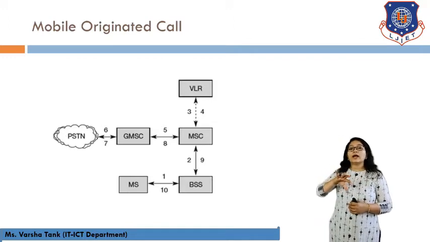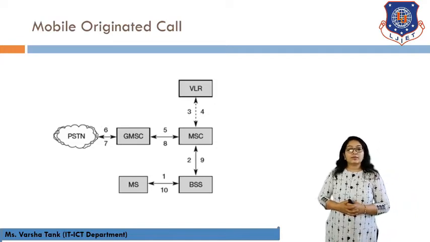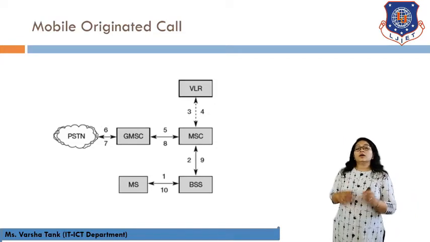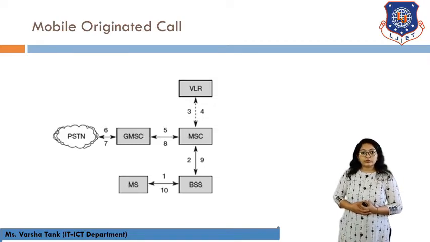The MSC checks where this device is, and according to that it transfers control to the GMSC, the gateway MSC. For example, this call is for the PSTN, the public switched telephone network.